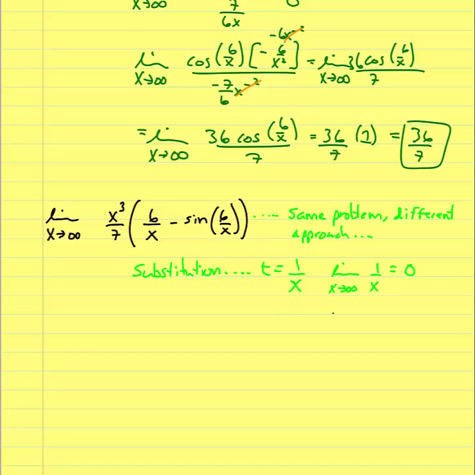So the limit, and again we're talking about t here, as x approaches infinity of t is equal to 0, just by substitution. So let's go ahead and rewrite this.